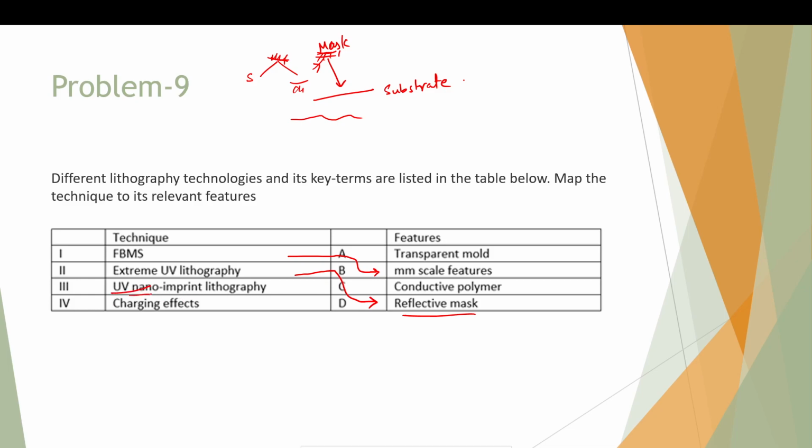So UV nano imprint lithography. Nano imprint is nothing but we have some mask. This is my mask, and then I put this mask directly on top of my PR, and I press it into my PR. So this is PR, this is mask.